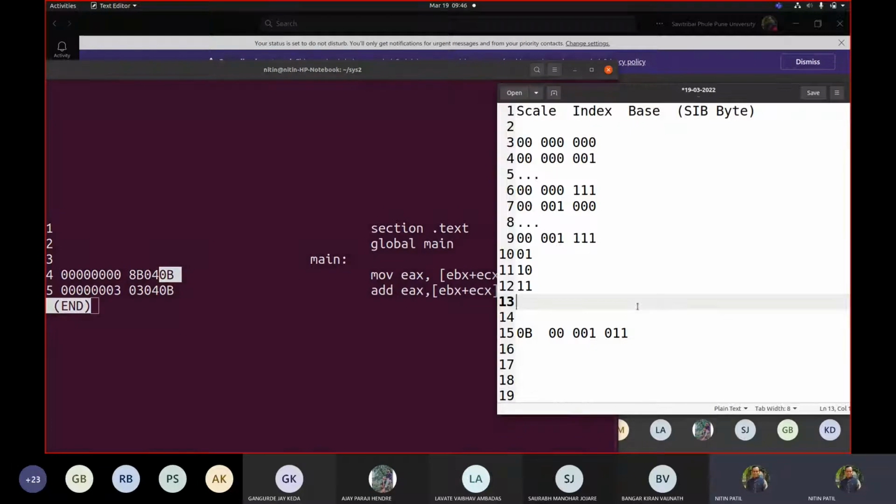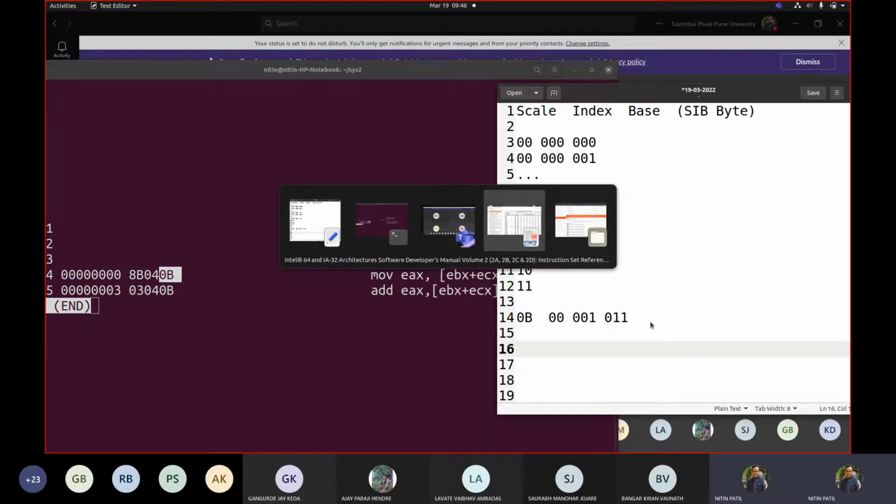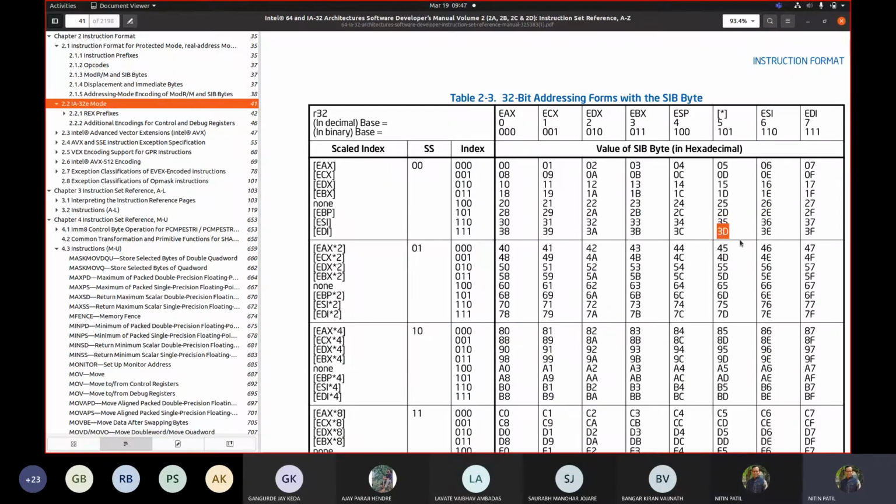Understood? Yes, sir. Okay. Now suppose we want this value. Let us not take 3D, but let us take 3E. So you will see that these registers are scaled indexes.